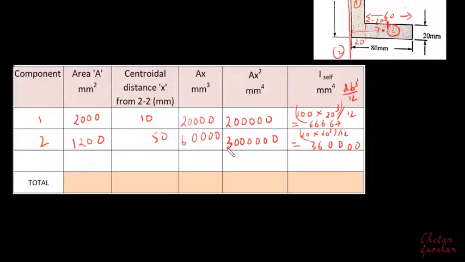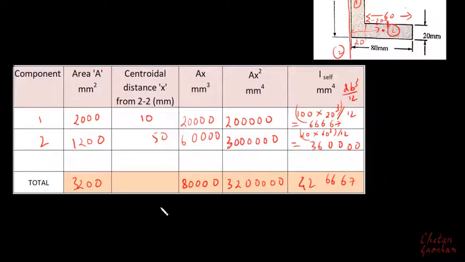And then again we need to sum this up. So this will be 3200, this will be 80,000, this sum will be 32,000,000, and this term will be 426667.